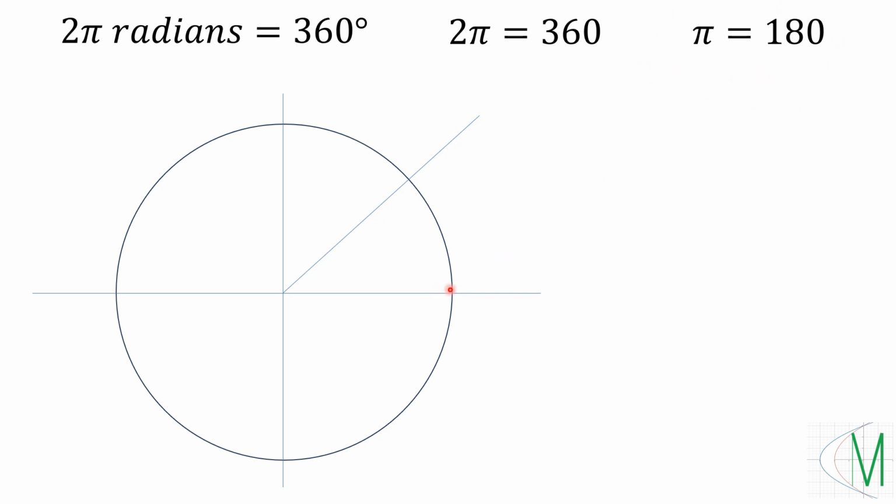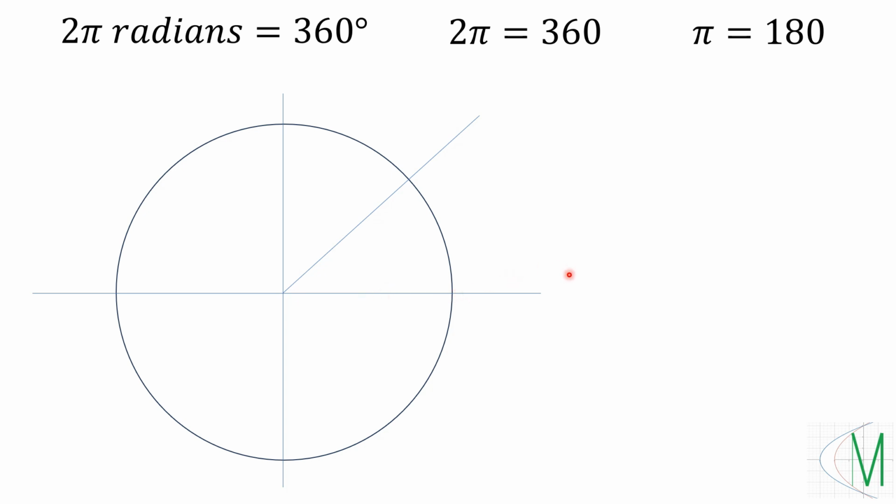You can keep going with this. Half of that is a 90-degree angle. If I took 180 and divided it by 2, I'd get 90. Pi divided by 2, we usually just leave as pi over 2. So a 90-degree angle is pi over 2. You can keep dividing and keep getting these angles.